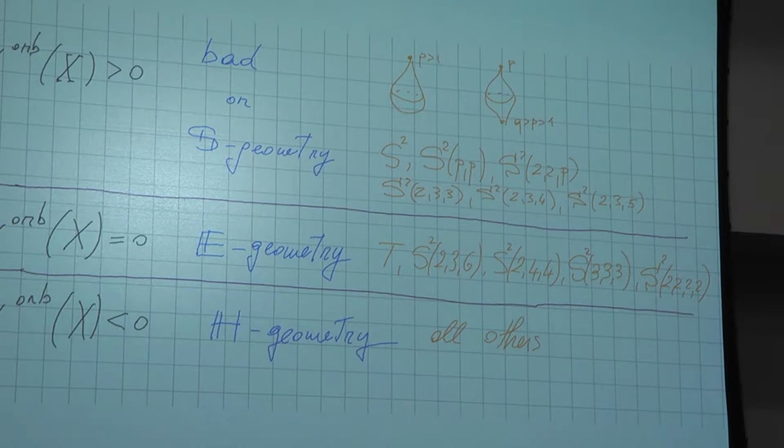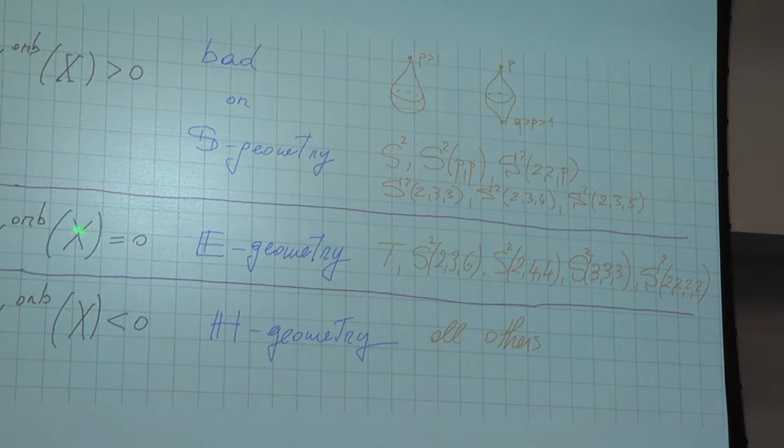These do not have geometry, and they are the only bad ones. Then you have the spherical ones, which are the sphere with, say, a symmetric football, and then 2, 2, p, and these 2, 3, 3, 2, 3, 4, 2, 3, 5, which are actually obtained by taking the quotient of the two-sphere under the orientation preserving subgroup of the symmetry group of the Platonic solids.